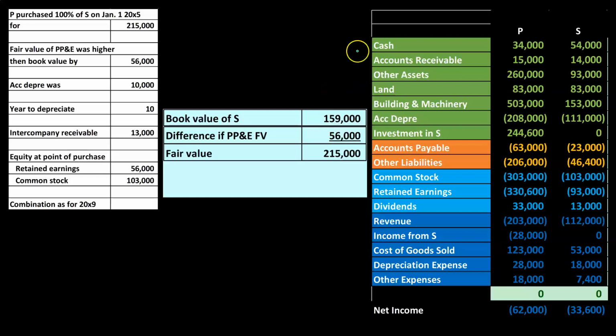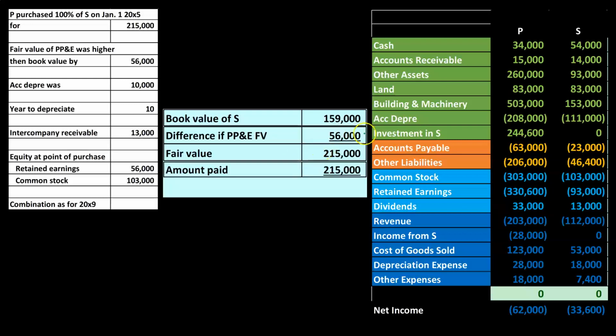So if you think of these accounts that we then fair valued from a book value to a fair value at the point in time of the purchase 5 years ago, that comes out to $215,000. If there's nothing else involved, like goodwill, such as there is not here, because that's the amount we actually paid, $215,000, that's the amount that you would then pay.